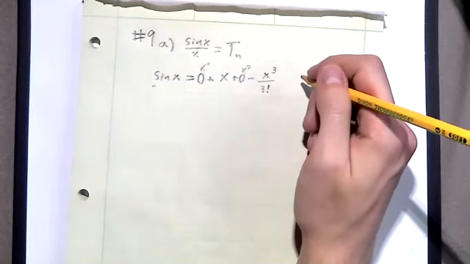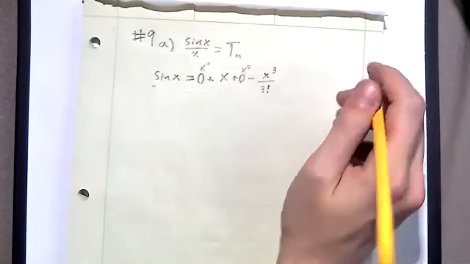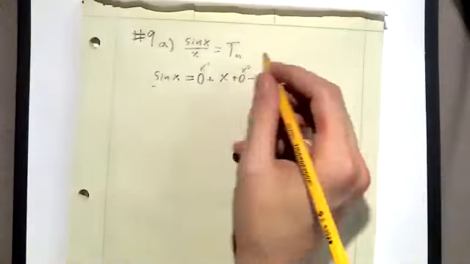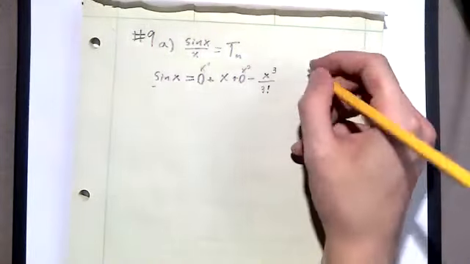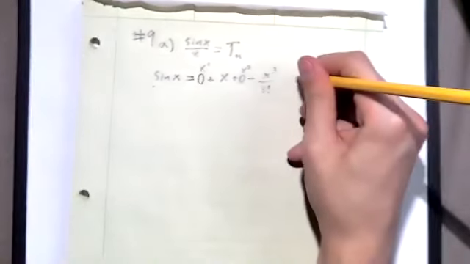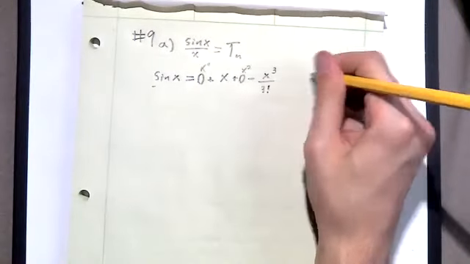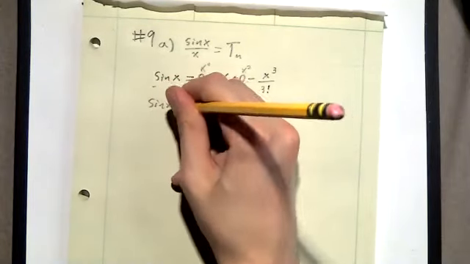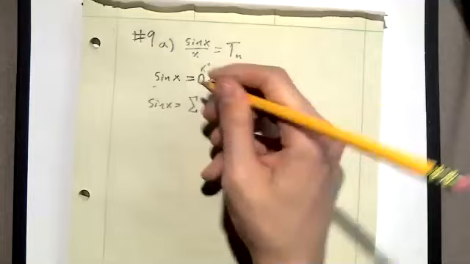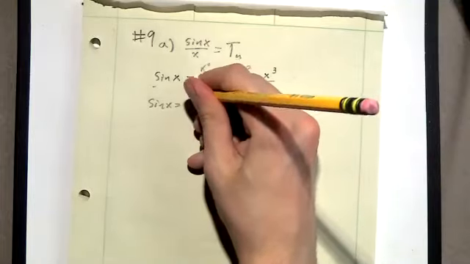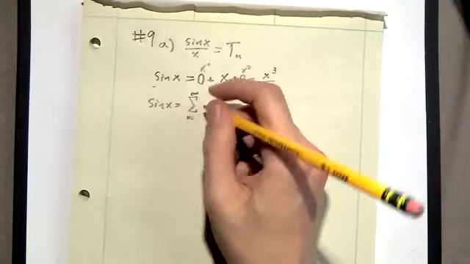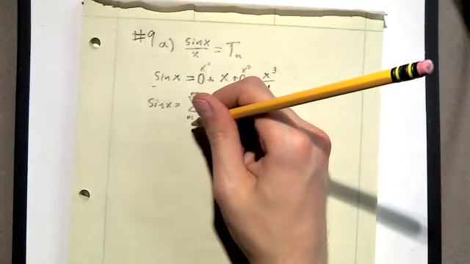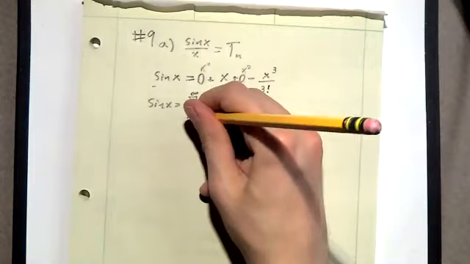So knowing that, we can set up a pattern. So for sine of x, we get sine of x is equal to a summation, going to be n equals, I think we want to start with 1.